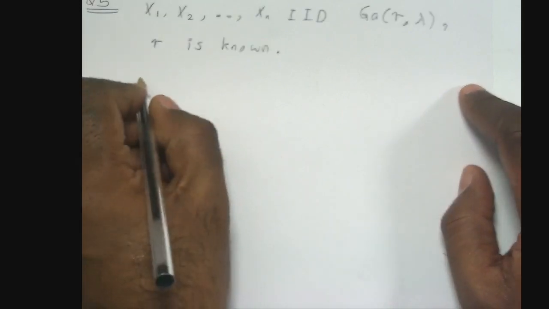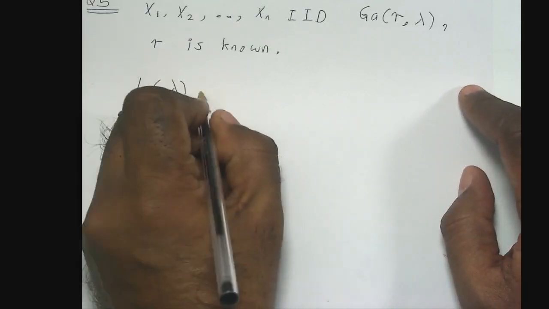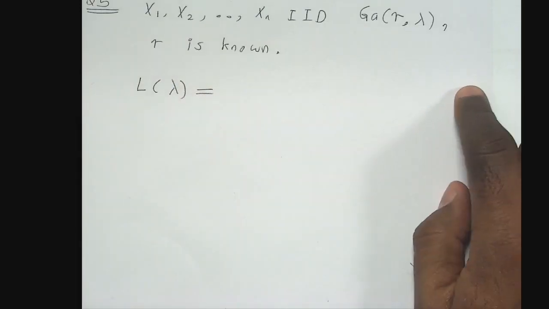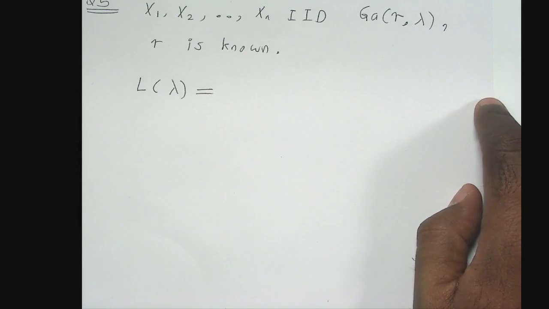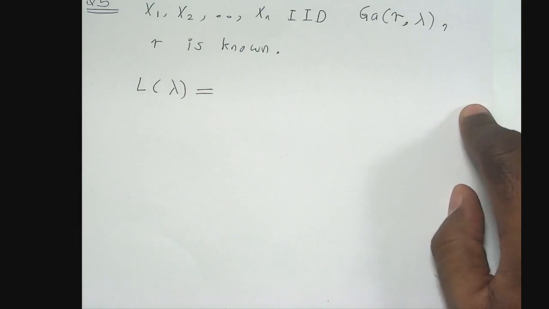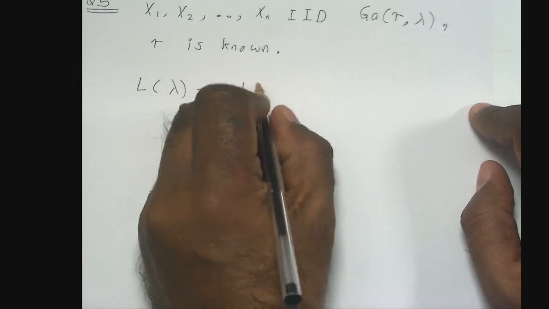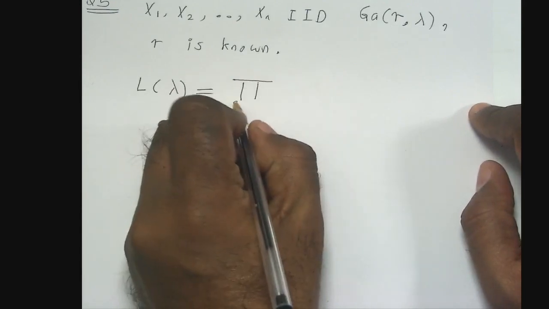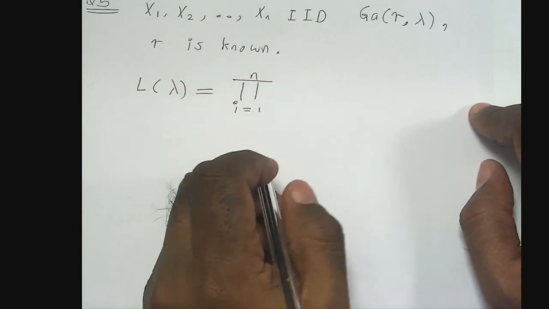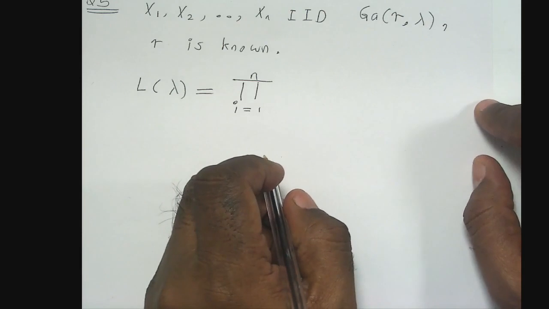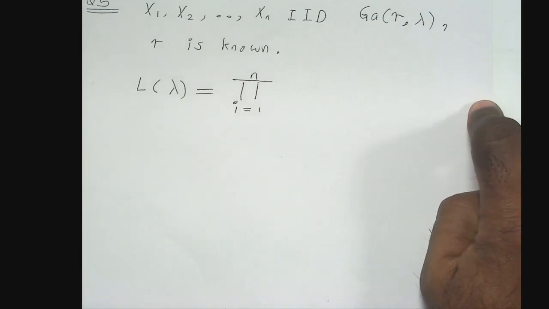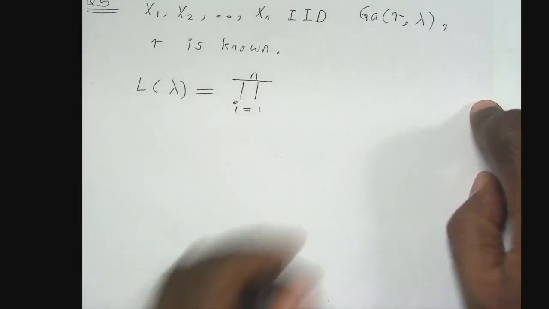So the first thing you need to write down is the likelihood function of lambda, because lambda is the only unknown parameter. If you go to page 8 of the lecture notes, you will see that the density of the gamma distribution is on equation 33.5.